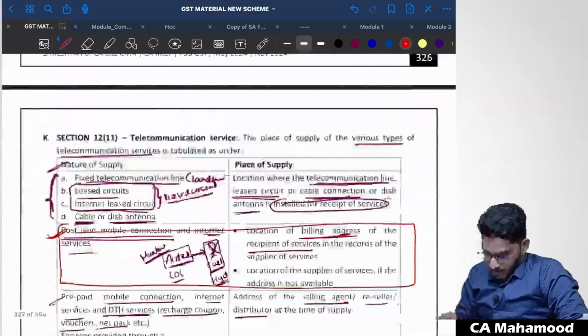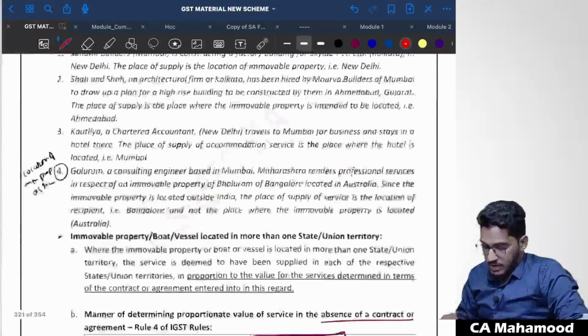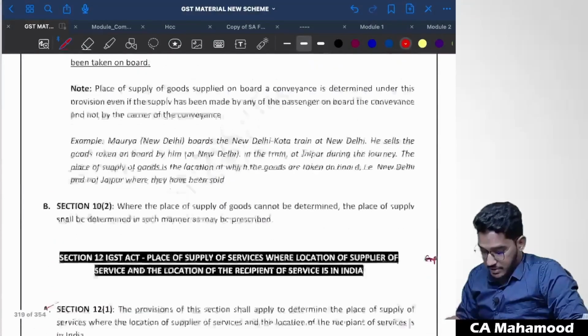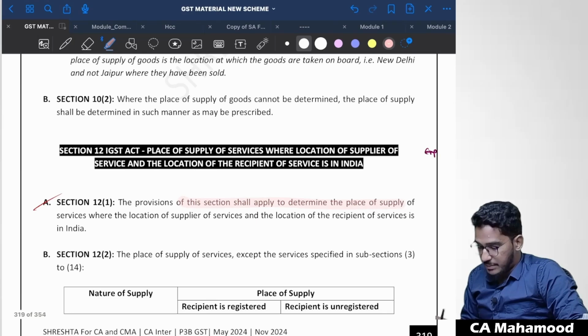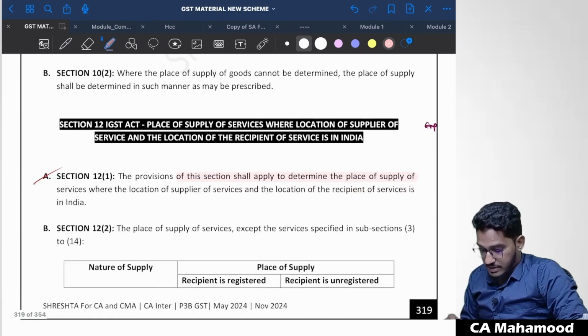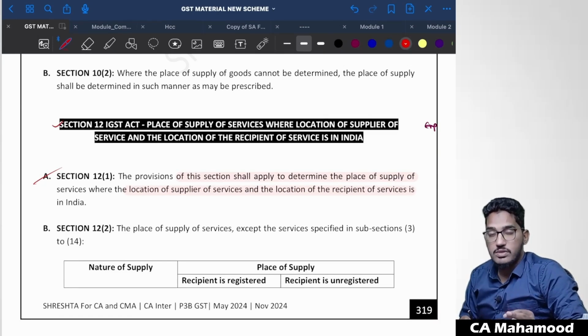12 subsection 1 is a very simple subsection. What it exactly says is, the provisions of this section shall apply to determine the place of supply of services where the location of the supplier and location of the recipient of the services both are in India. As I have told, section number 12 only talks about determining place of supply in case of supply of services other than imports and exports.